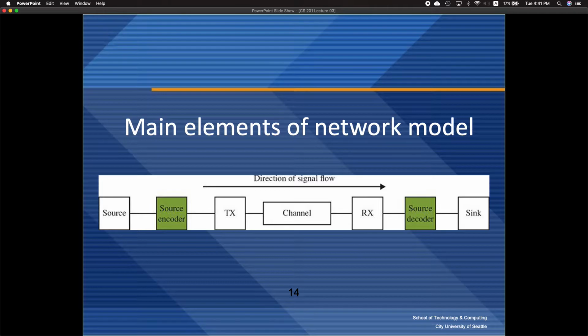And then the RX, the receiver, passes it over to the source decoder to make sure that it's now understandable by the other end of the network, let's say the device, or human.